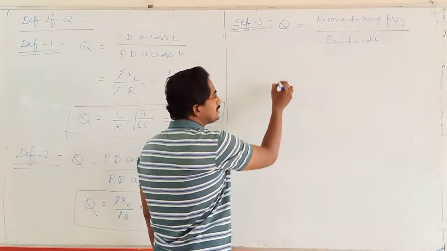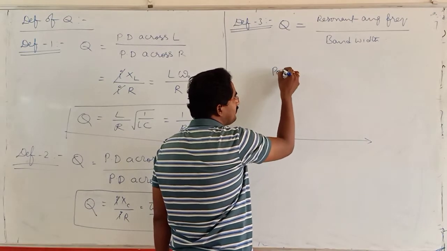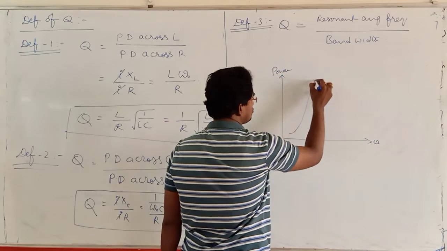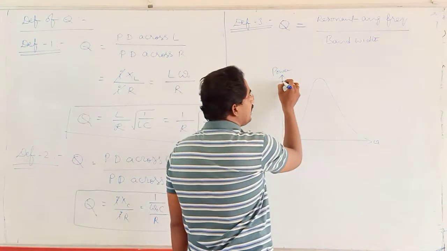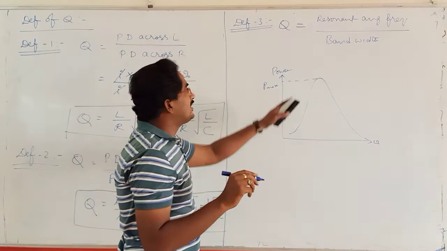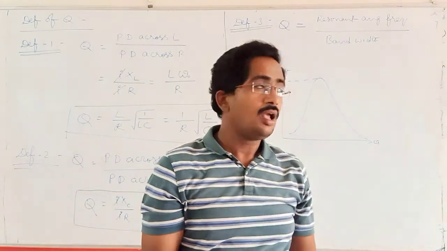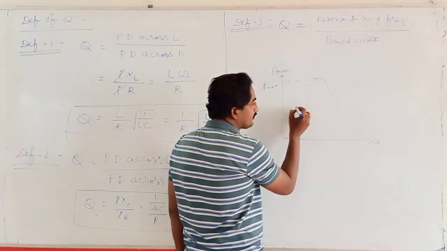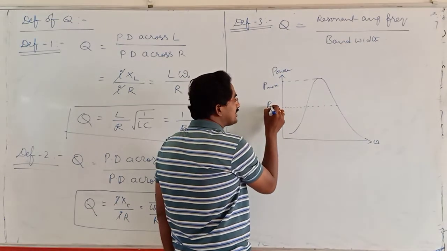What is resonant angular frequency? You know well. If you plot the graph of power against angular frequency, the curve you get looks like this. This is called the maximum power consumed in the circuit. The resonant angular frequency is omega naught. But what does bandwidth mean here? It is the difference of angular frequencies at the value of half of the maximum power.